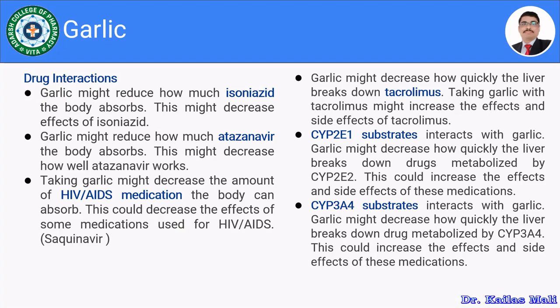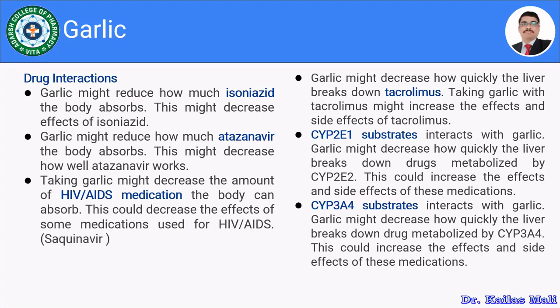So the effects of atazanavir are going to be reduced when we are combining garlic with atazanavir. When we are combining garlic, the absorption of atazanavir is going to be reduced, and furthermore, the effects of atazanavir are going to be reduced.